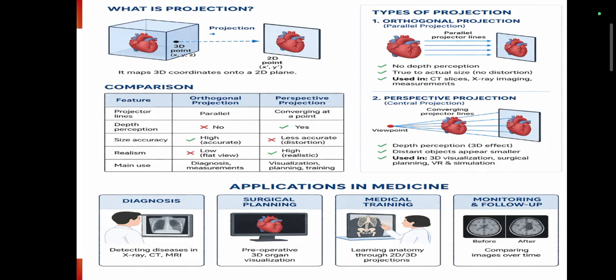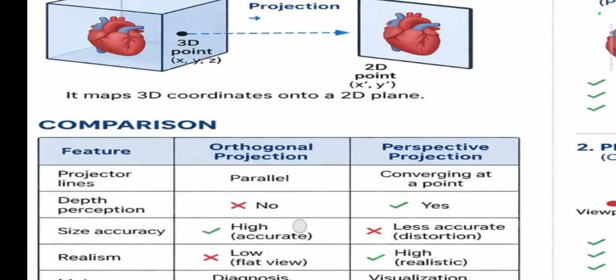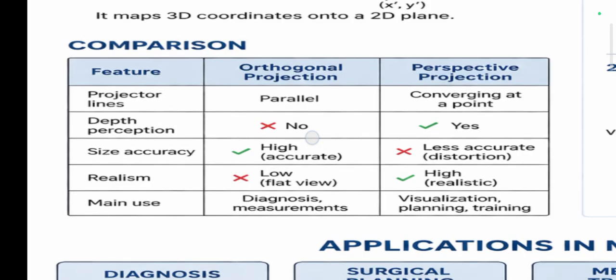The types of projection are orthogonal projection and perspective projection. In orthogonal projection, the main features are that the projection lines are parallel, while in perspective projection the projection lines converge to a point.